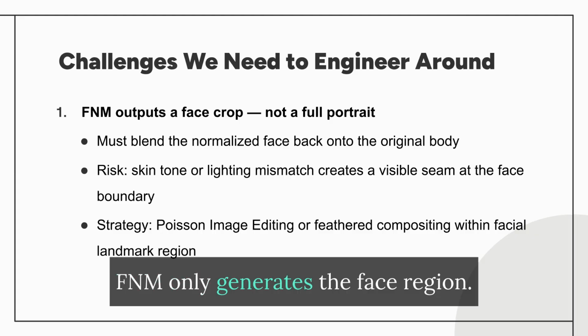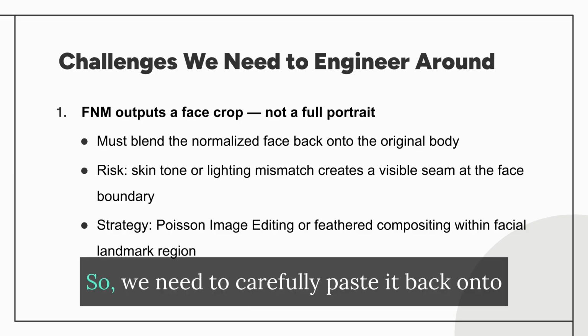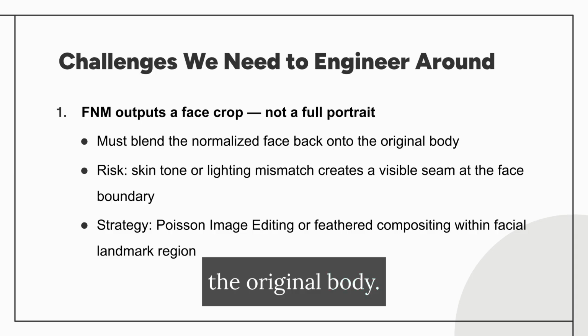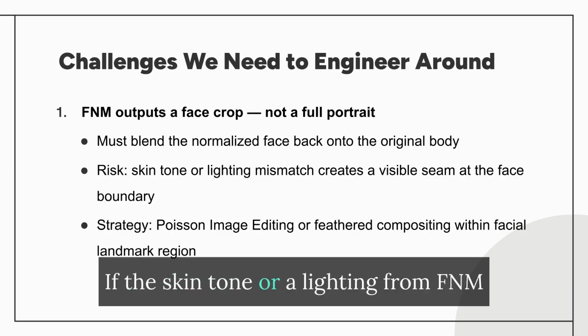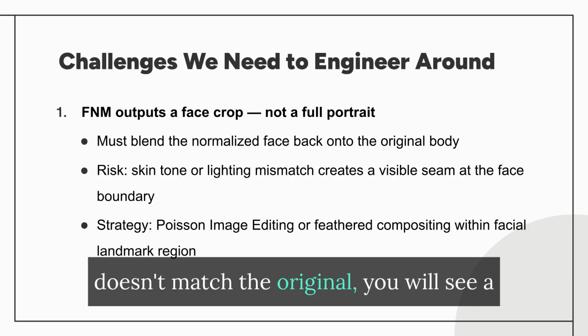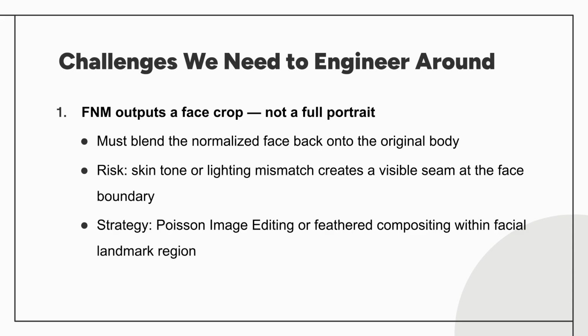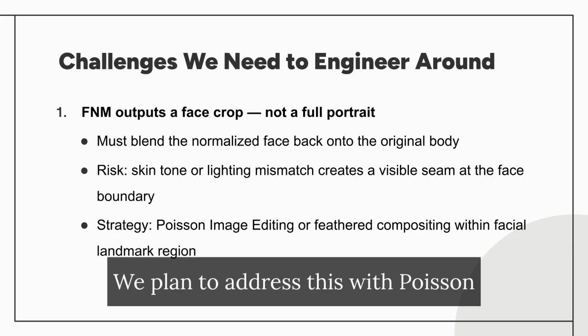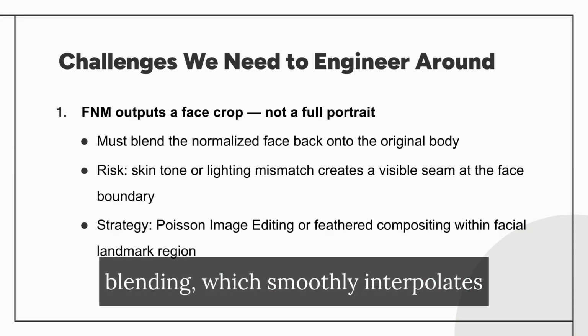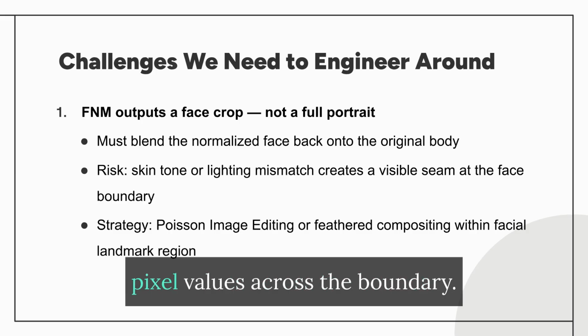FNM only generates the face region, so we need to carefully paste it onto the original body. If the skin tone or lighting from FNM doesn't match the original, you'll see a ring artifact around the face. We plan to address this with Poisson blending, which smoothly interpolates pixel values across the boundary.